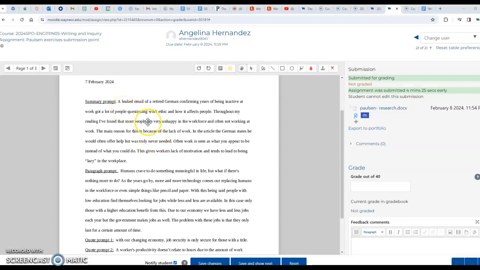Now, one thing I want you to know is that when you're integrating source information within a paragraph, typically your first sentence needs to be a topic sentence that covers the idea of the paragraph. And then probably in the second or third sentence, you need a signal phrase that introduces that source to the reader and into the paragraph.